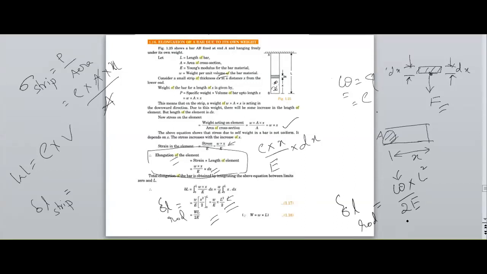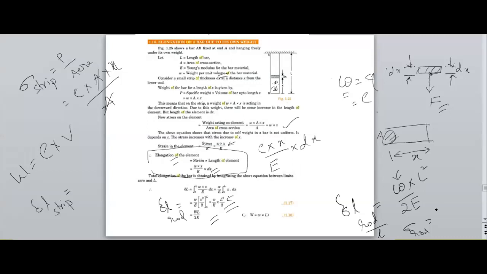So how to find the stress in the rod? I can find the strain in the rod by dividing this by the original length. After finding the strain, I can multiply the strain with Young's modulus to get the stress in the rod due to its self-weight.